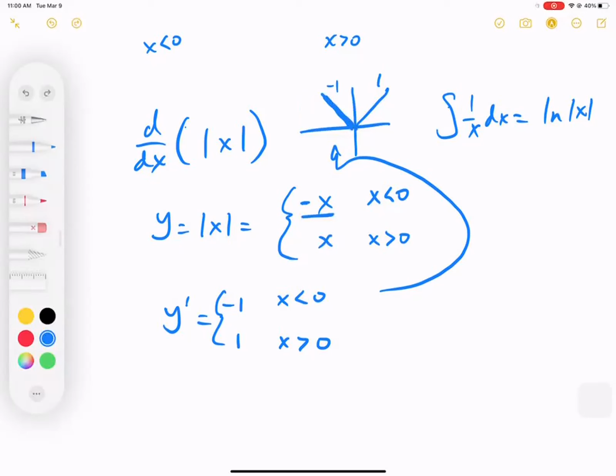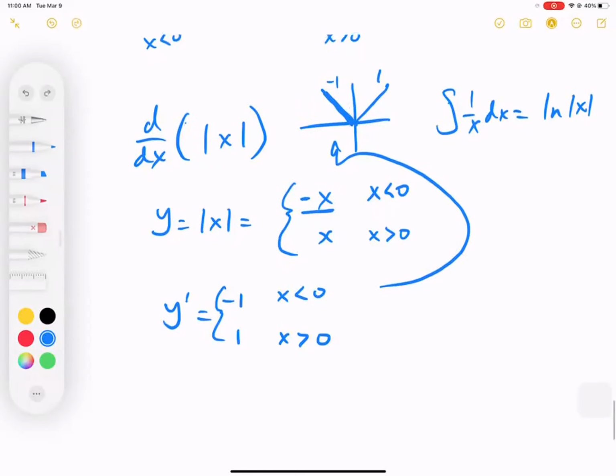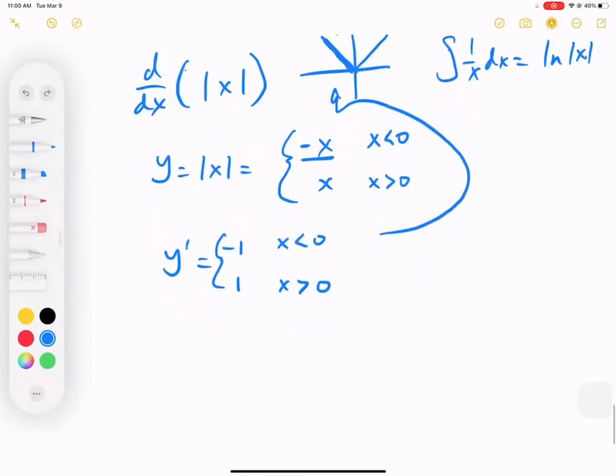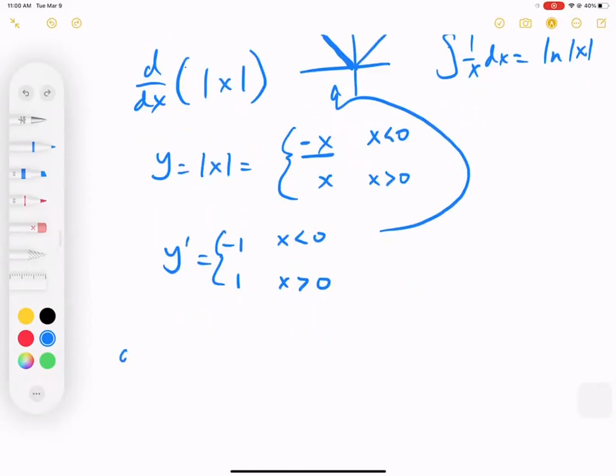Now, why is this a problem, you could say? Because let's do the same thing over here. What if I ask you for the distance of y equal to absolute value of x between negative 1 and 1? Here is my problem.